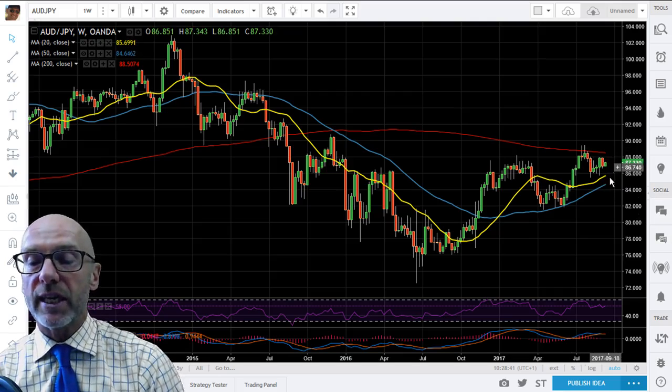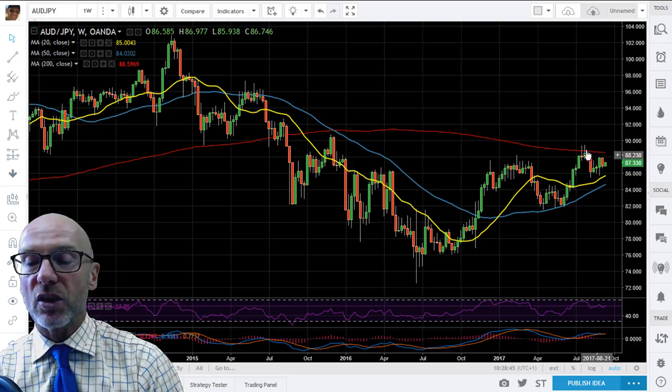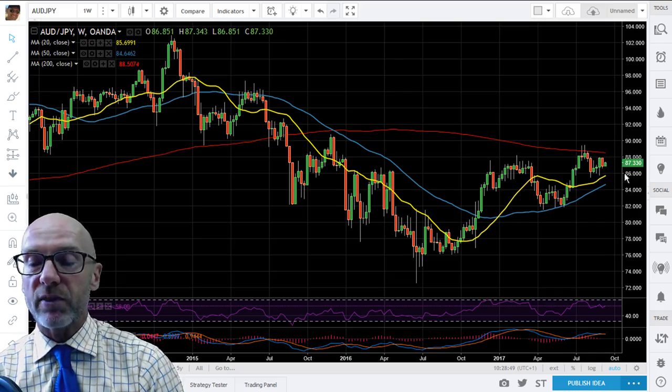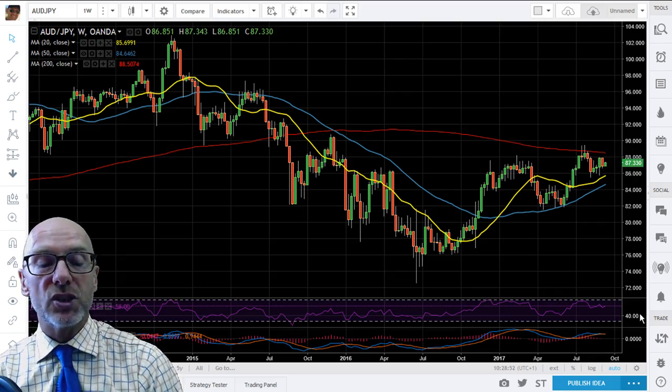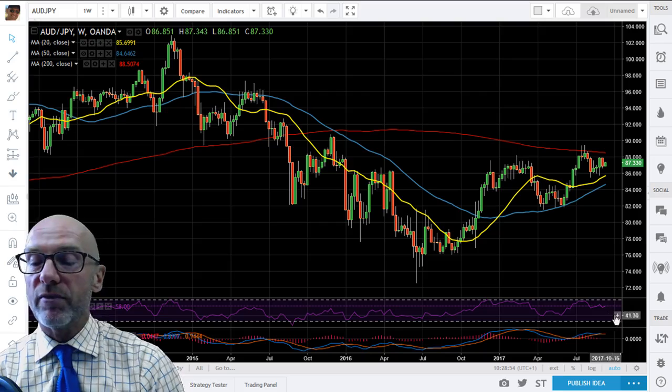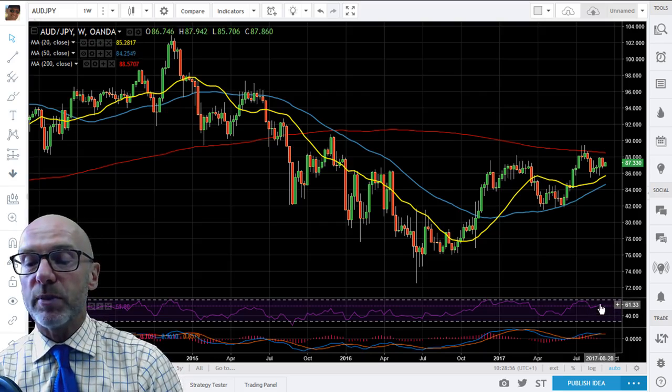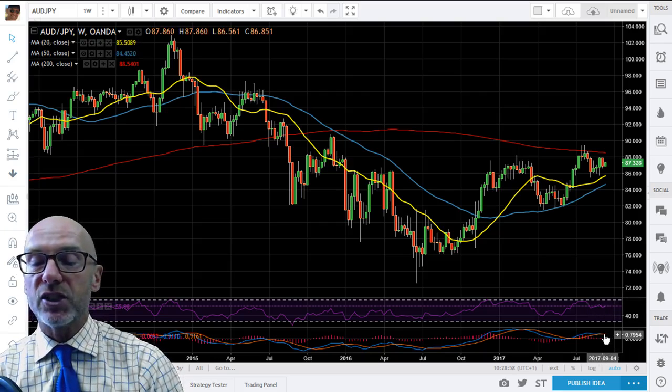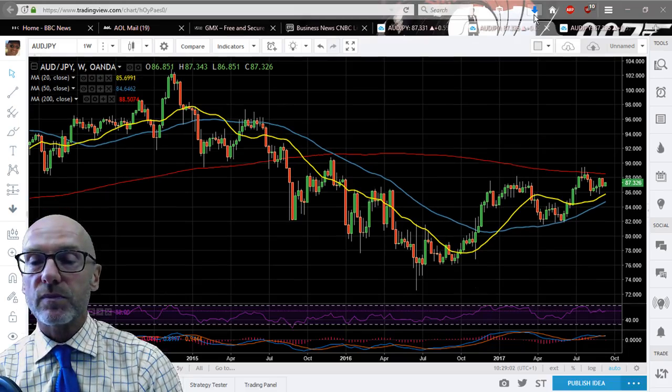There is support to the downside from the 20 and 50, and looking at this chart, one would actually expect a further continuation of a move in this flag formation. Momentum is slightly positive. We're at 58, but it's in a downtrend, so be aware of that. And the MACD, like on the daily, are just flat lining.